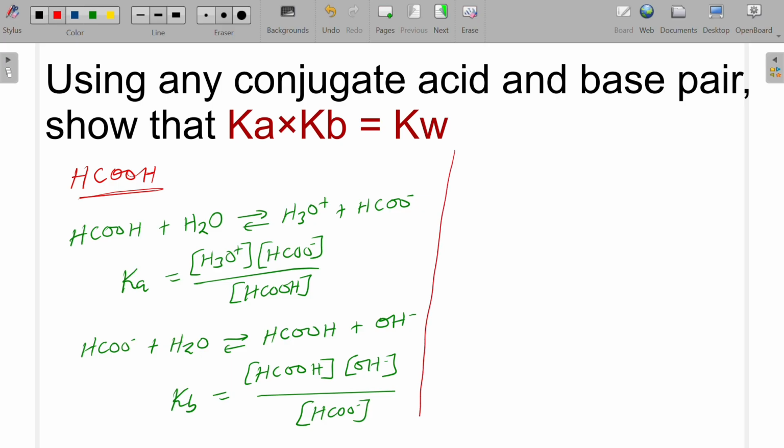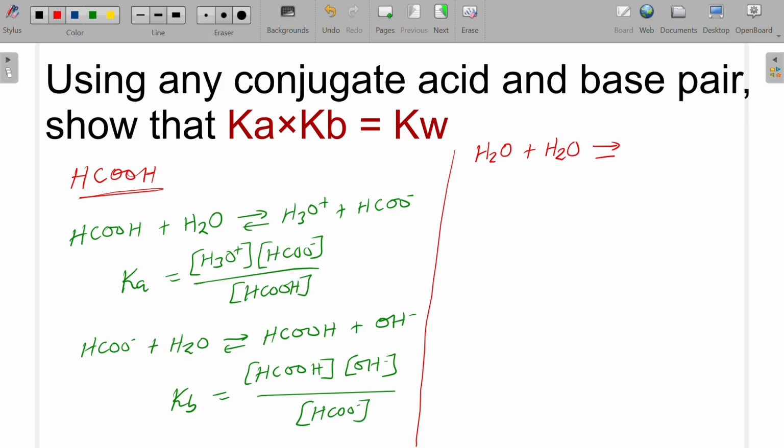After doing that, the next step is to write the Kw expression. What we are doing is writing the water autoionization, meaning we are putting water into water, and then we'll see what we are going to produce. So let's have water put into water.